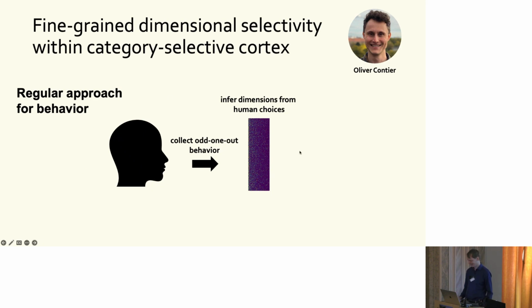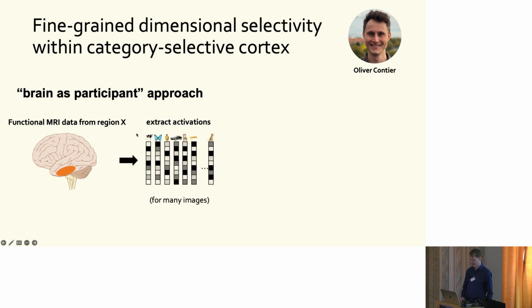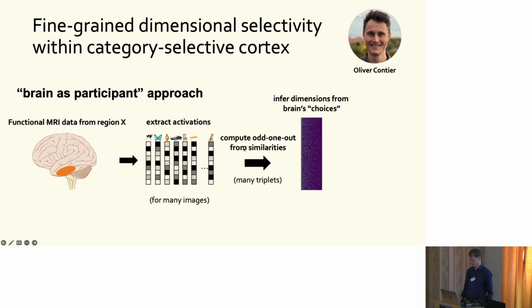And what he did is he said, okay, why don't we just take the brain as a participant? We get our functional MRI data from a given region. We extract the activation patterns from that region. And now we just pretend that the brain is doing the odd one out task. So we can compute a very, very large number of possible triplets here where we are looking at the similarities.